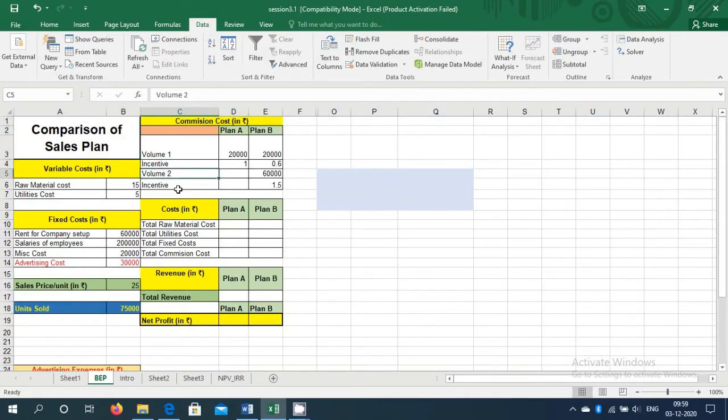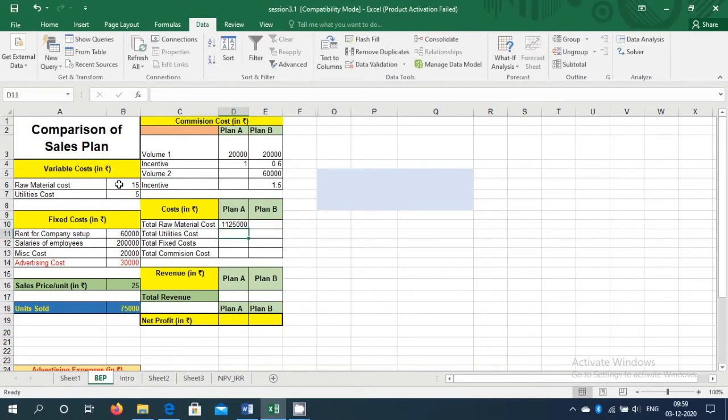Now we'll find the total raw material cost. Total raw material cost would be equal to units sold multiplied by raw material cost per unit.